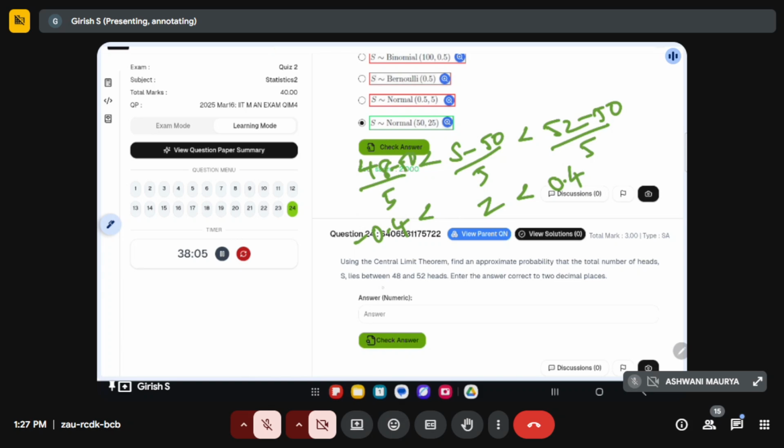So we want these values. So Fz of 0.4 minus Fz of minus 0.4.